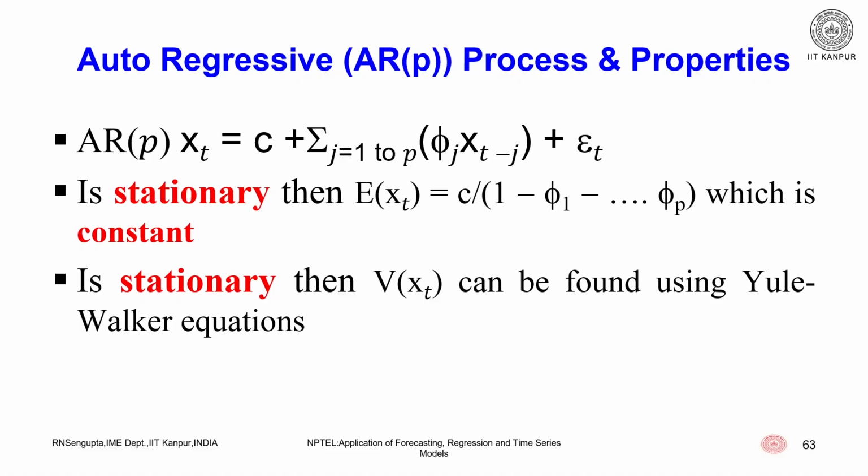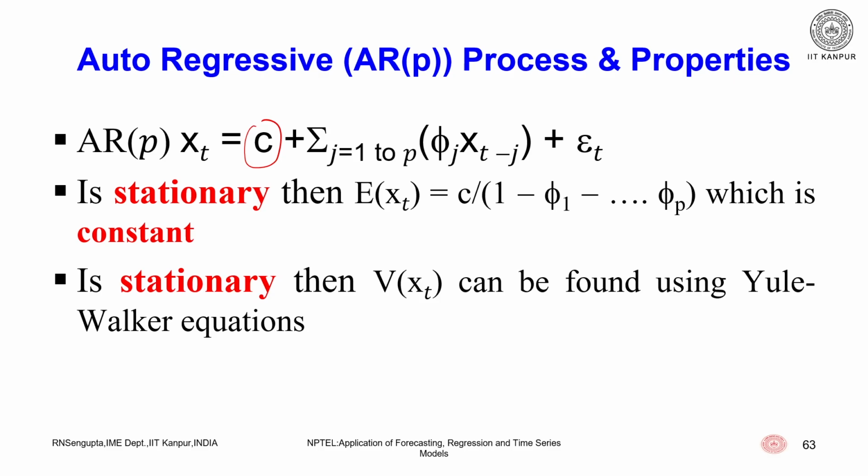Now, which I have just mentioned a few minutes back, if the auto-regressive process with parameter p has that c as a value, then it is stationary.